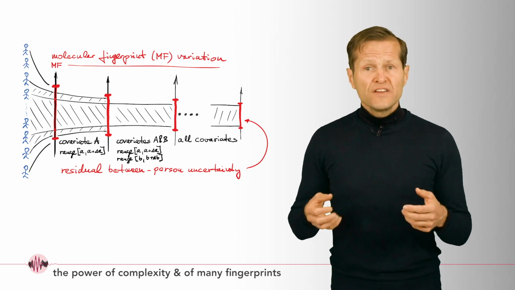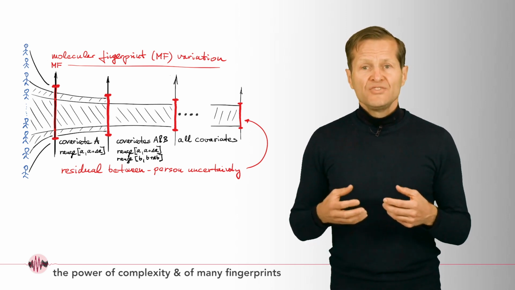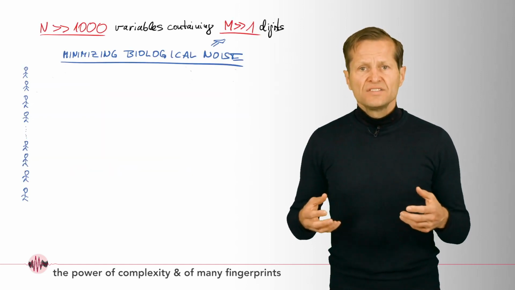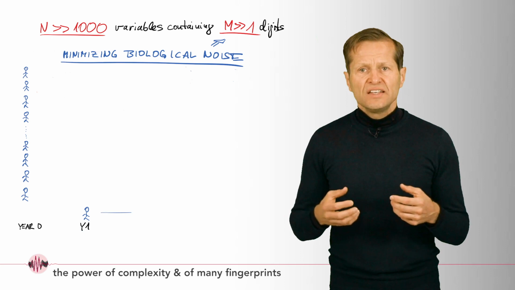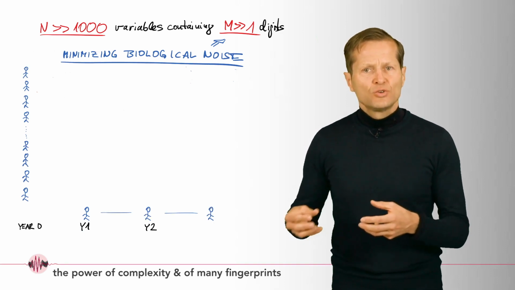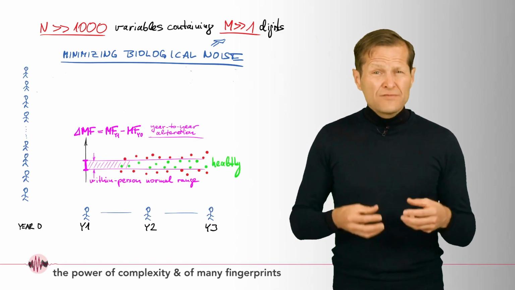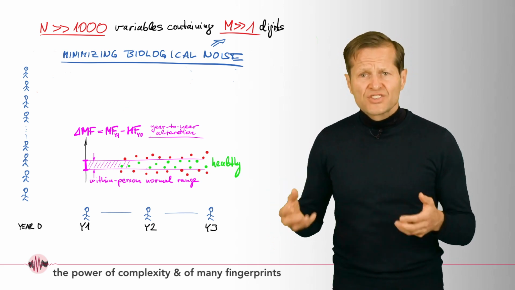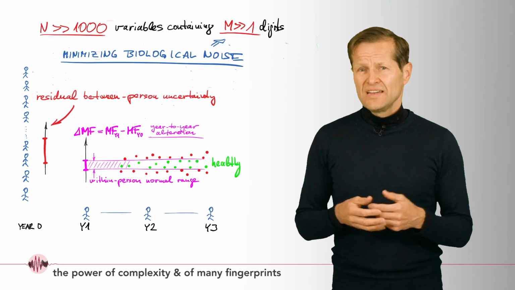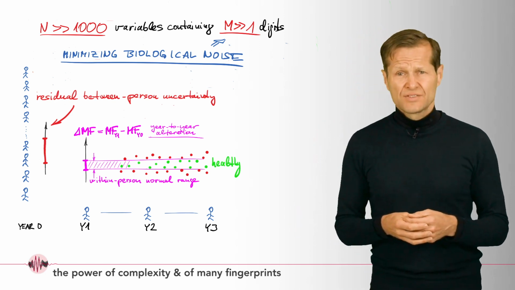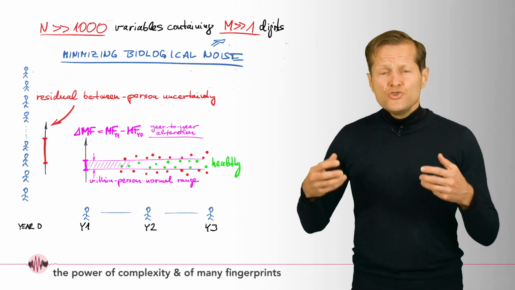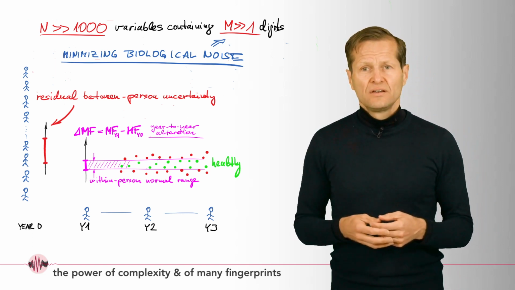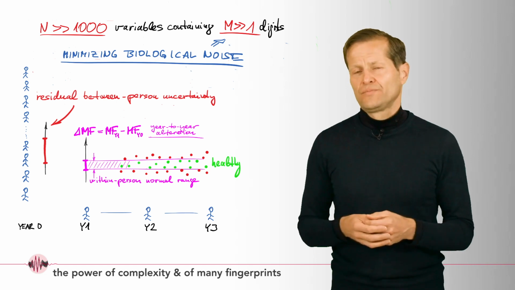By monitoring the fingerprint over time in so-called longitudinal studies, the resultant within-person uncertainty in variation of the fingerprint over time may be even smaller than the ultimate residual between-person uncertainty. Establishing personalized baselines may thus open new avenues of phenotyping with an accuracy previously unattainable.